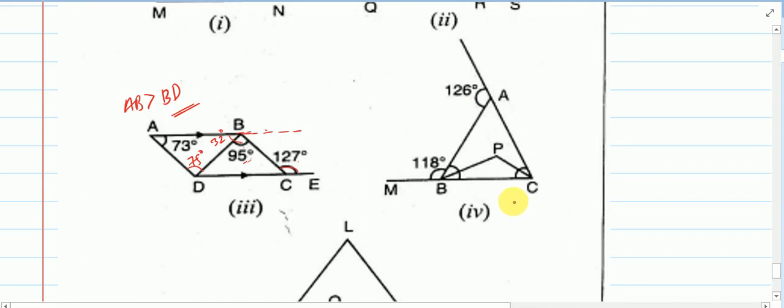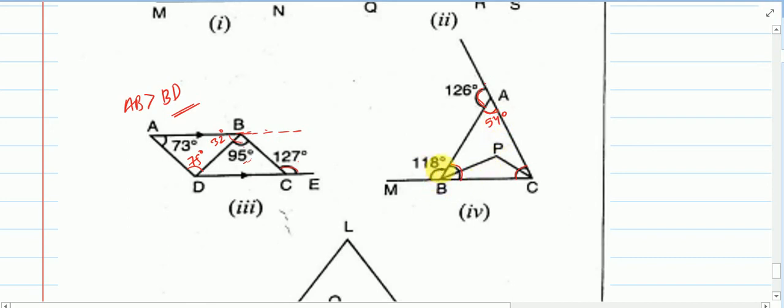Now see number 4. Here we have to show which one is bigger, whether PB or PC. They are saying that PB is the bisector of this whole angle and PC is the bisector of this whole angle. Firstly you can see that this is 126 degrees, so this will be 54 degrees.